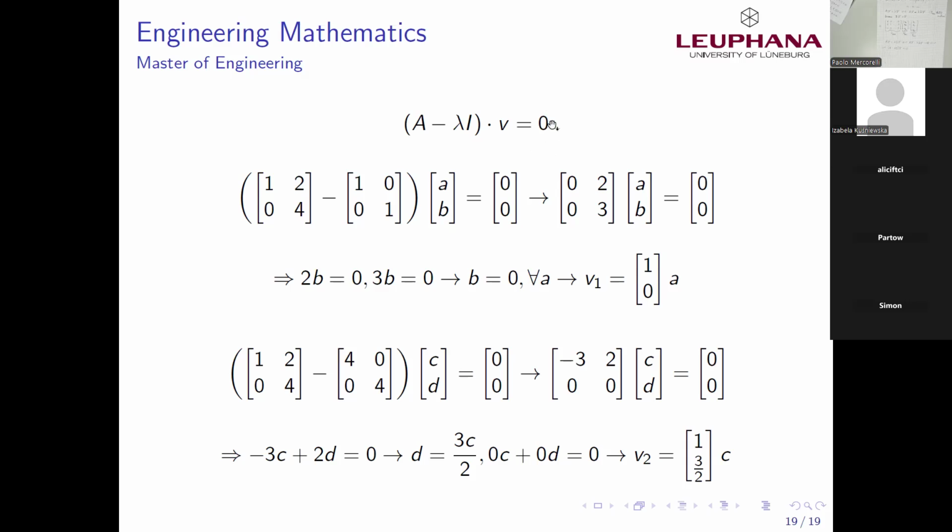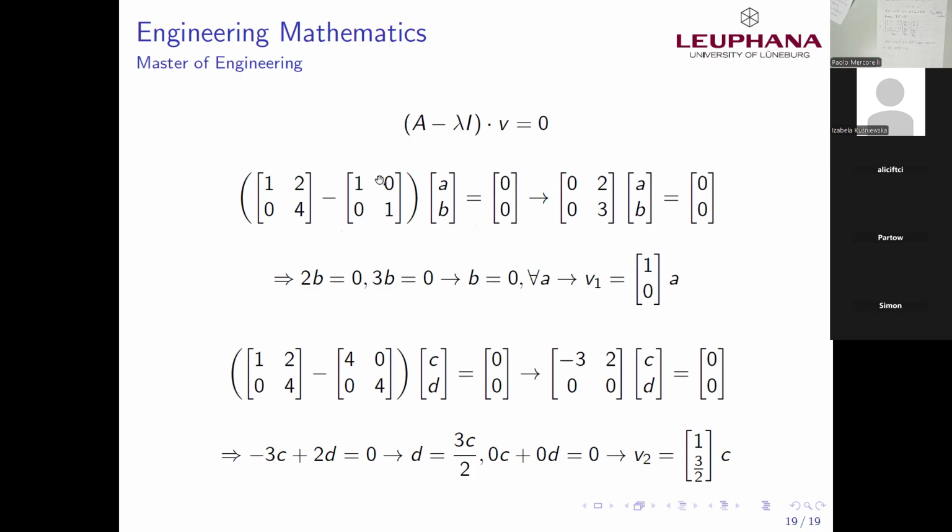This 0 here, please pay attention, is in a vector. This 0 here is in a vector, 2 rows, 1 column, because the vector V1 is characterized by 2 rows and 1 column.